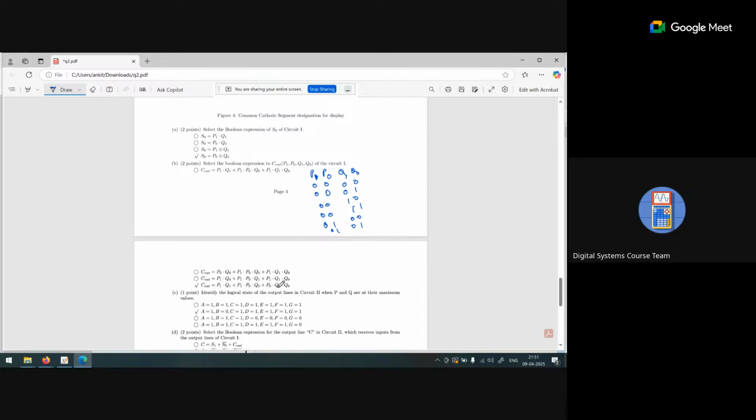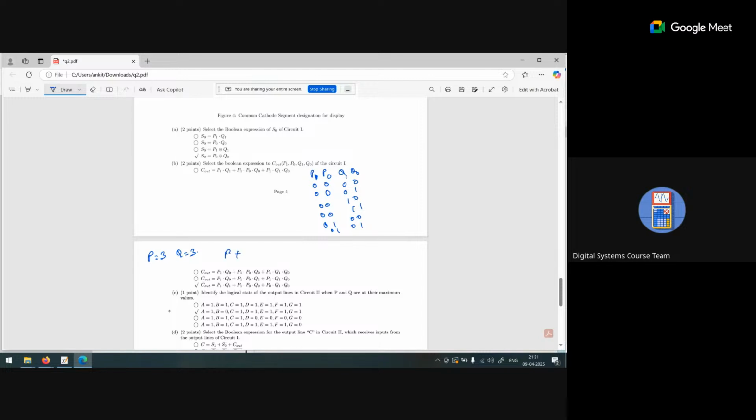That's clear? Any doubt? Now identify the logic state of the output lines in circuit 2 when P and Q are at their maximum value. P is 2-bit data, that is 3, and Q is again 2-bit data, that is 3.